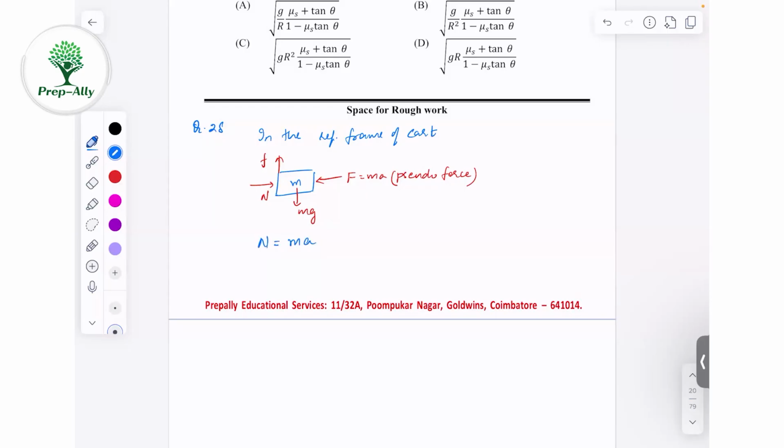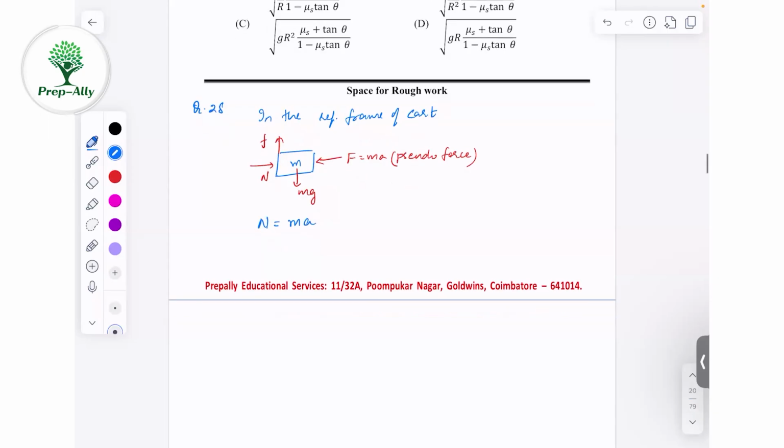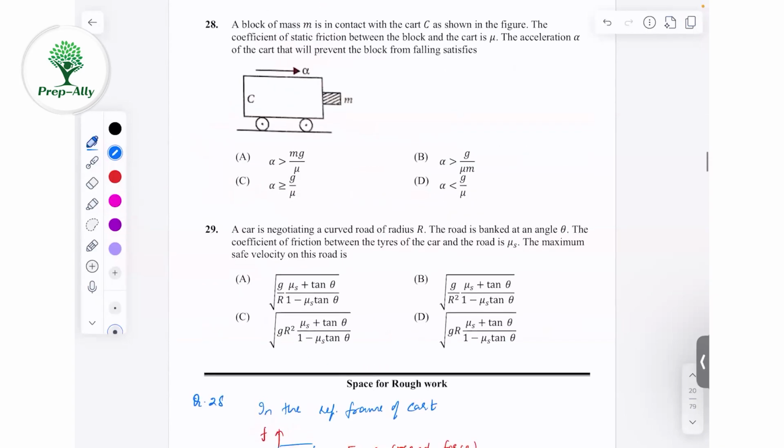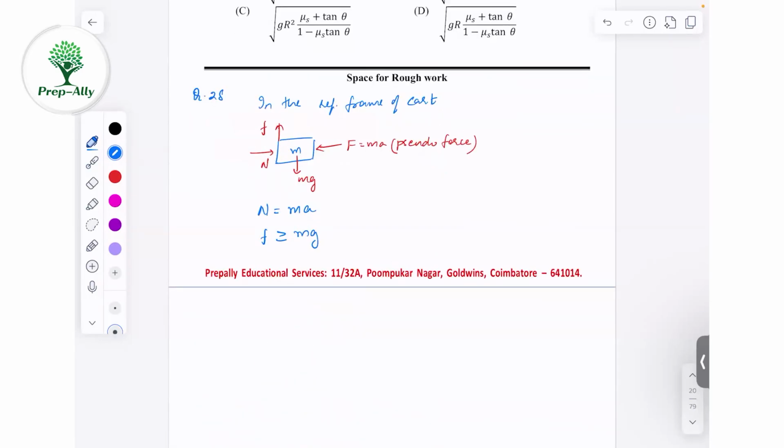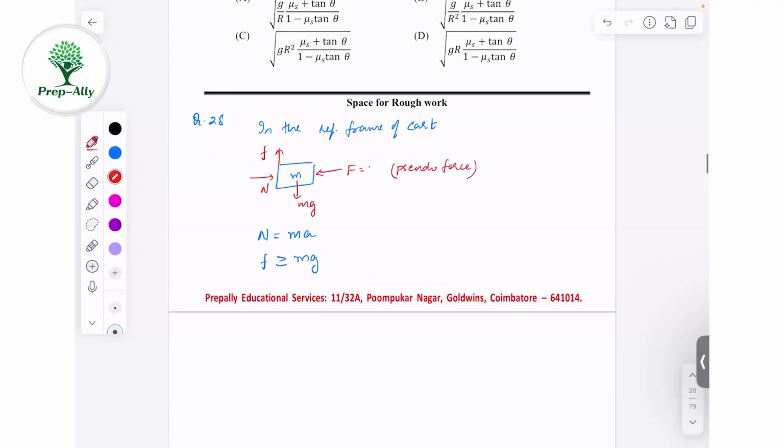Now the body will not slide if the value of friction is greater than or equal to mg. See, what is he asking us? The acceleration alpha to prevent the block from sliding. Okay, this is alpha, not a. So from here, friction value is mu N greater than or equal to mg.